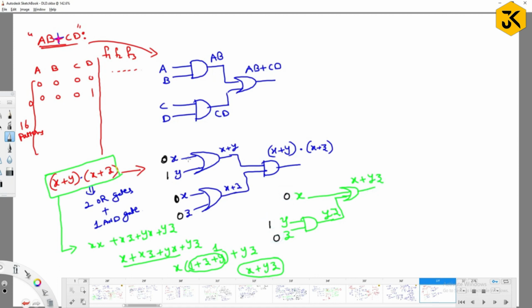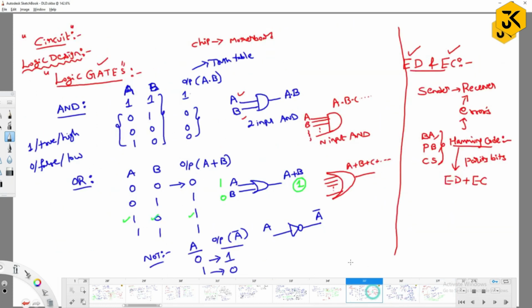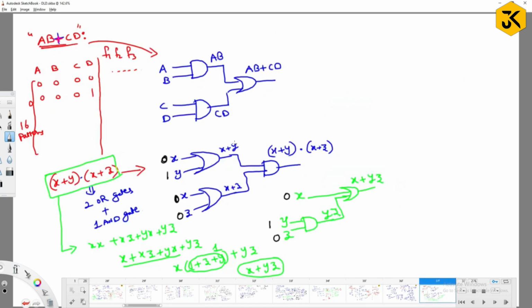What is x plus y? That is an OR gate. On an OR gate, when one input is low and another input is high, the output will be high. So here you are going to get output 1. Here, when both inputs are low, your result will be low. So the 1 you got will be given here, and 0 becomes here.